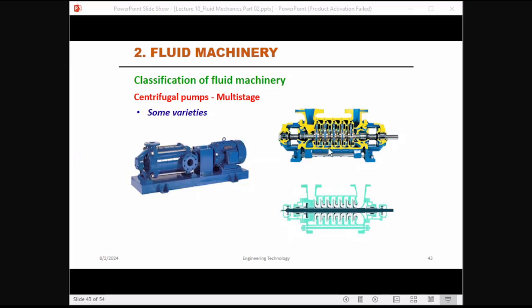This impeller arrangement is in series, and the impellers are separated by some casing part.